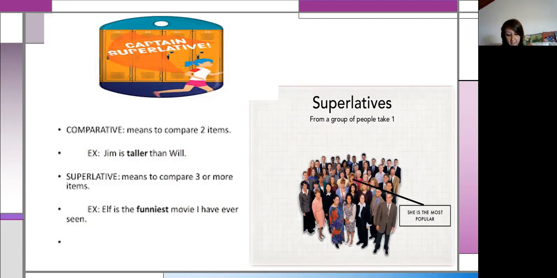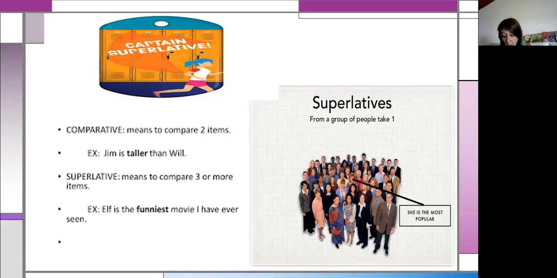You can put the before your adjective and add -est, or you can use the most.